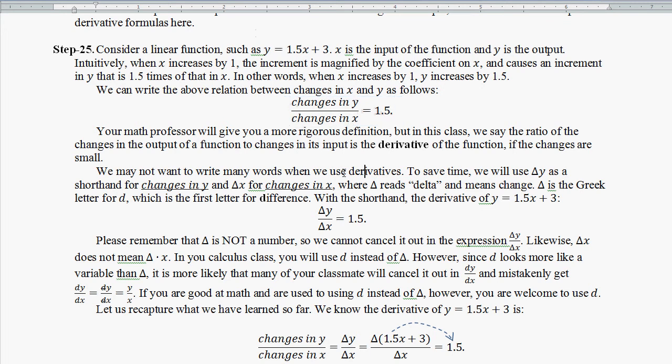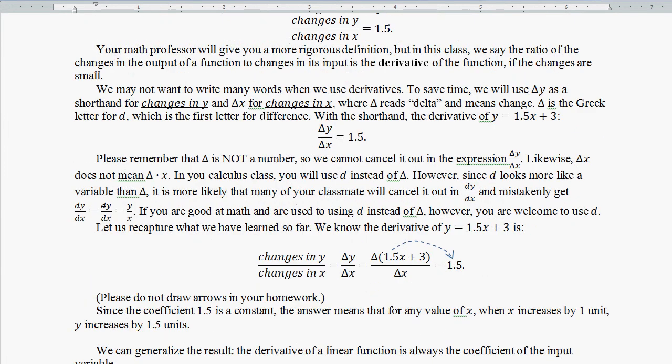For example, we're going to use delta y to represent changes in y, and delta x to represent changes in x. Here, that's delta. It's the Greek word for d, which means difference. So now if you want to write the derivative, we just need to write delta y over delta x. Now, remember, delta y, these two symbols, have meaning only if we put them together.